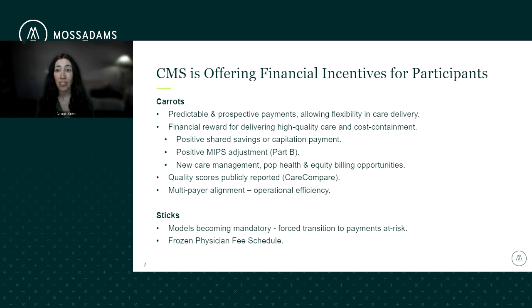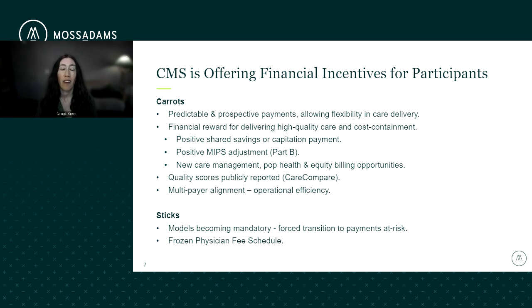So there are financial incentives for doing this. There are certain carrots, certain sticks that are going to motivate folks to be in these value-based programs. And the notion here is that the earlier you get in, the bigger the carrots are. And maybe over time, those carrots get a little smaller and the sticks get a little bigger until it's a mandatory program that everyone has to do.